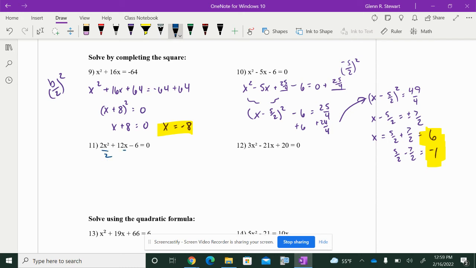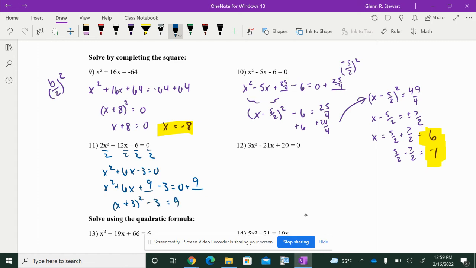Here on 11, these types have got to divide everything by 2 first. So now I'll have x squared plus 6x minus 3. Then x squared plus 6x plus blank minus 3 equals 0 plus blank. 6 divided by 2 is 3. Squared is 9. So now this is going to give me x plus 3 squared minus 3 equals 9.